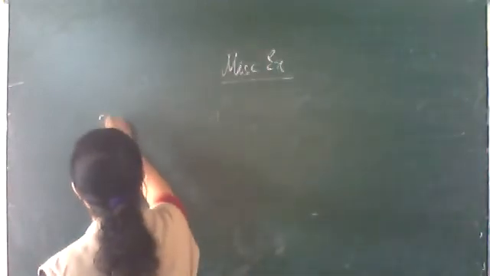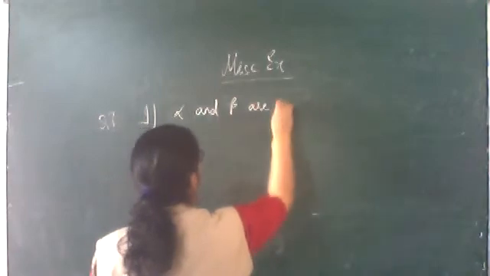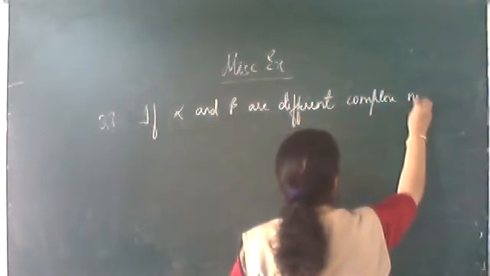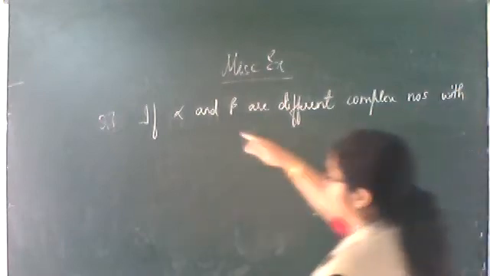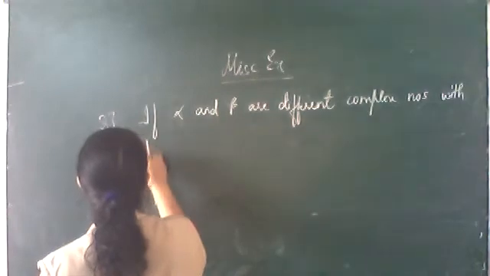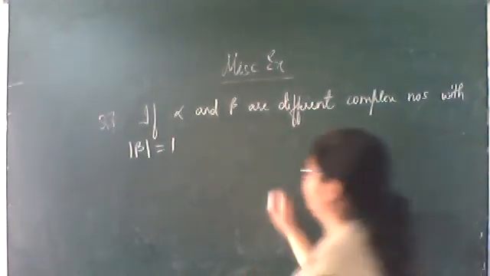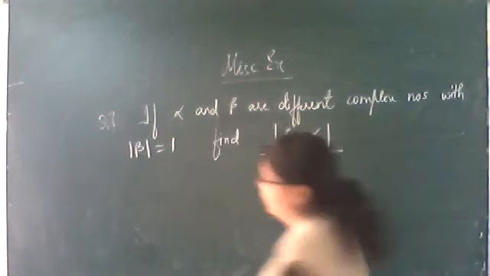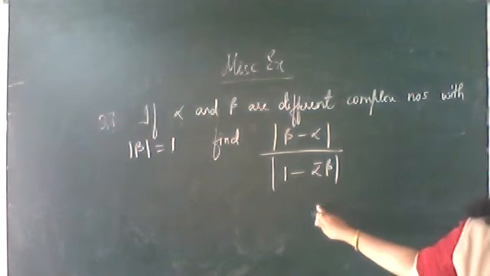Next question is question number 7. If alpha and beta are different complex numbers with modulus of beta equal to 1, then they are saying find the modulus of beta minus alpha divided by 1 minus alpha conjugate beta.